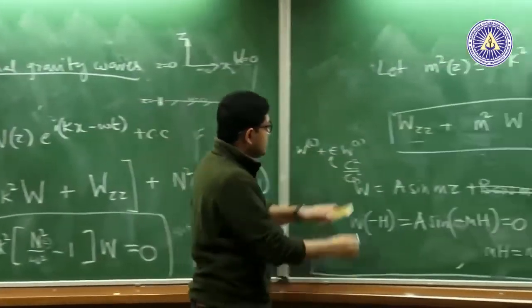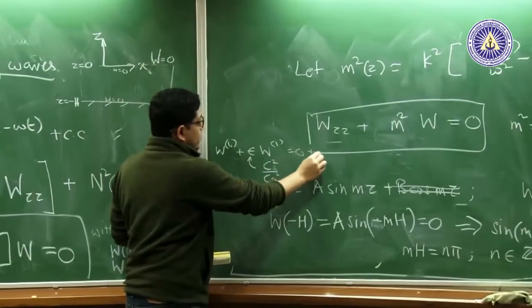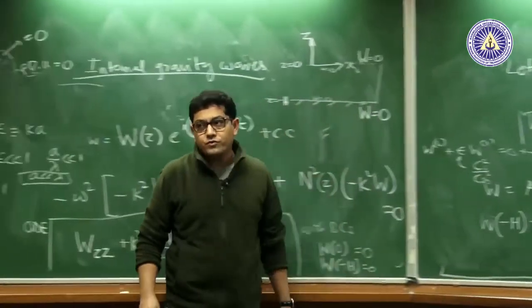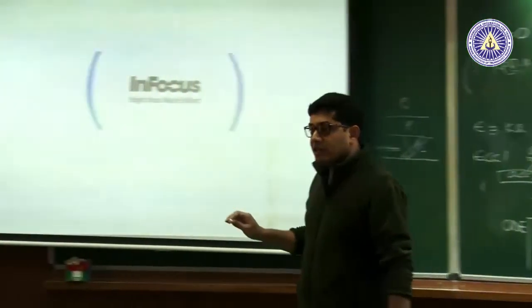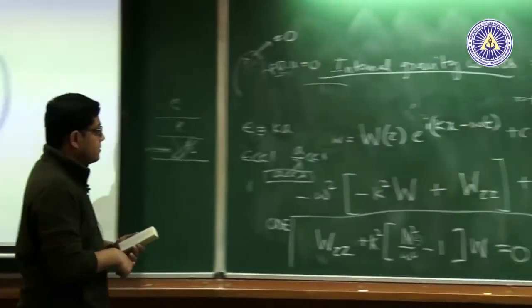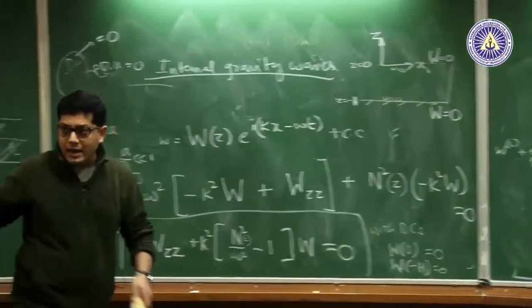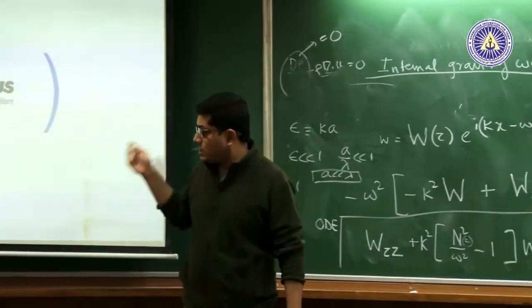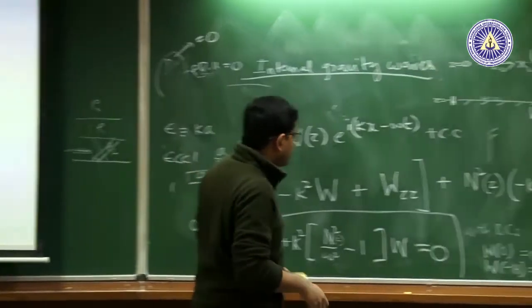So w0 is 0 at the leading order, plus something. So the rigid lid boundary condition works very nicely for these kinds of situations, okay. If you want, I actually have the derivation for this in a paper, I can show it.